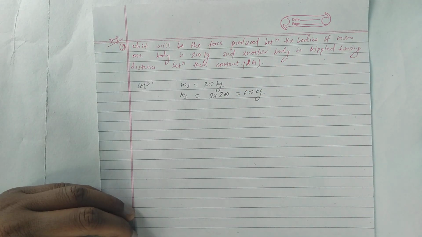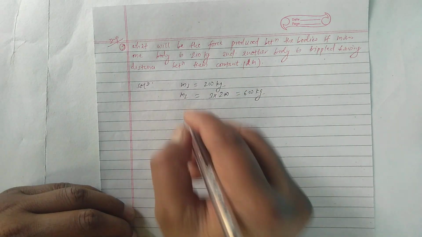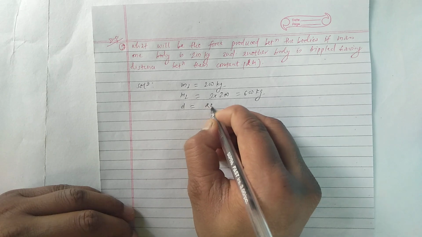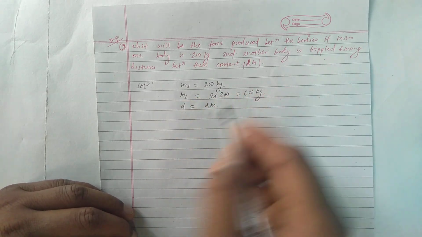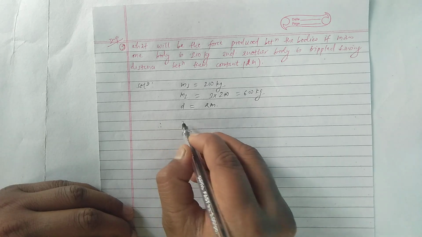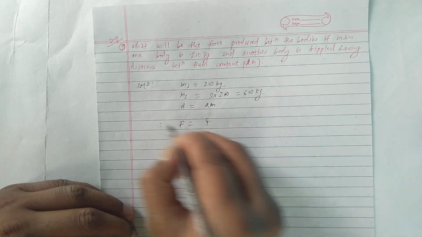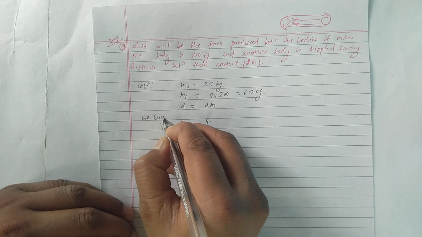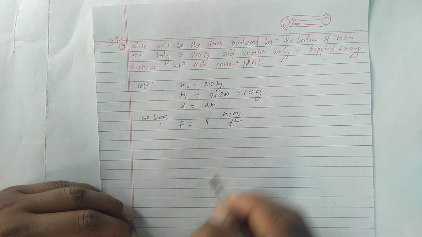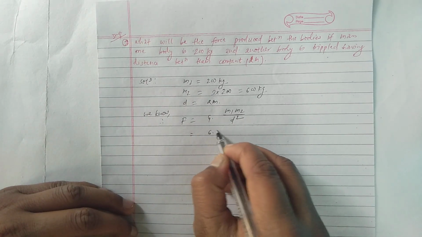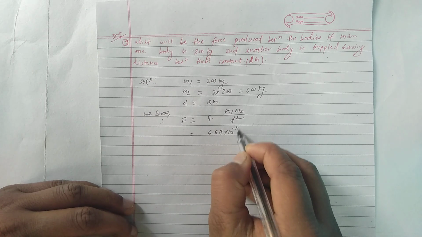So distance equal to 2 meter. We have to calculate the force produced between the two bodies. So F equal to G m1 m2 upon d square. The value of G is 6.67 into 10 to the power minus 11.